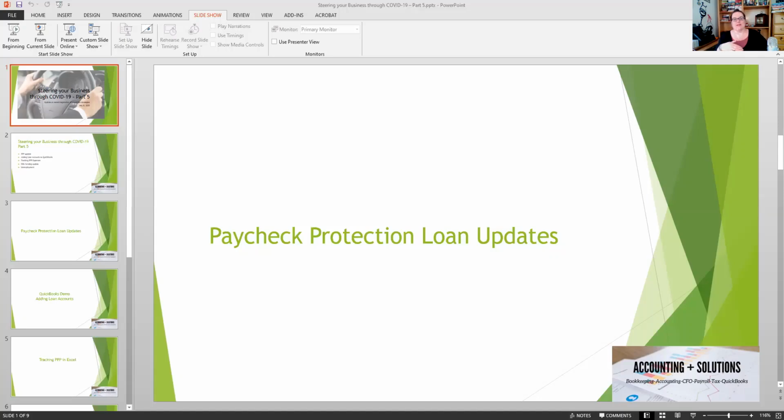So after that, the Treasury Department came out with some guidance saying, hey, you certified when you filled out the application that you had an impact and that you needed the funds, and that you may not have had the opportunity to get funds from another source.